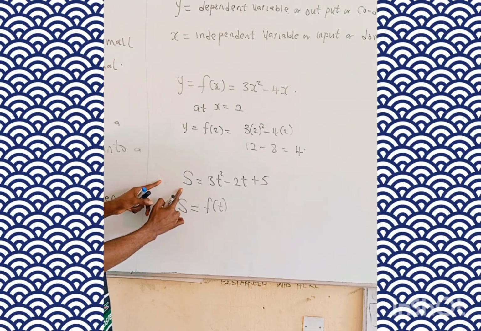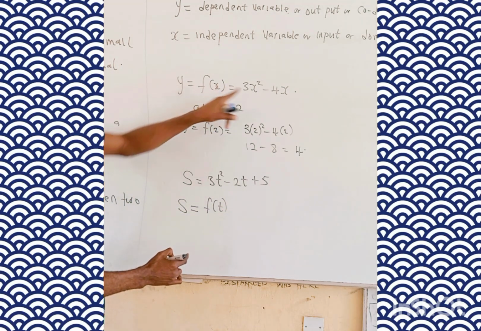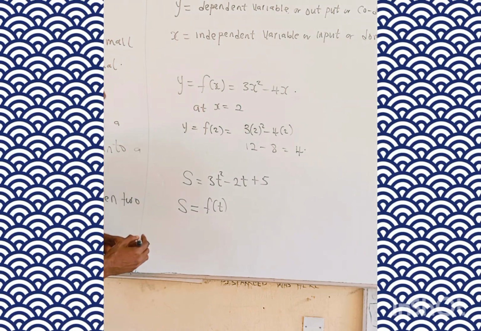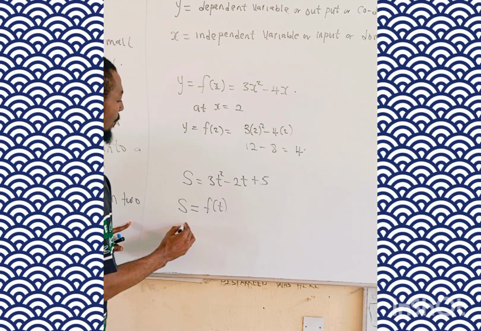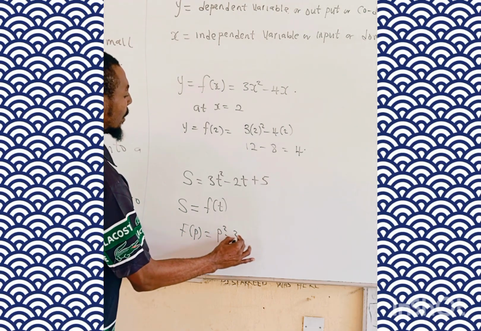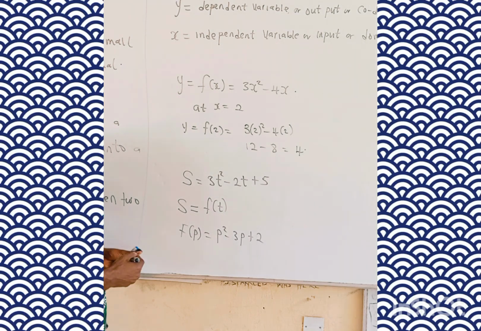Also, a function of p equal to p squared minus 3p plus 2 is a function in the p domain.